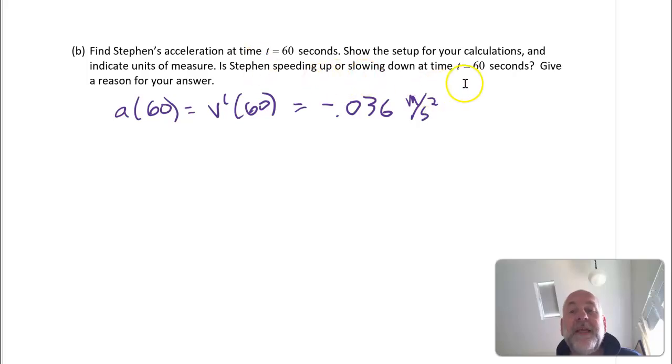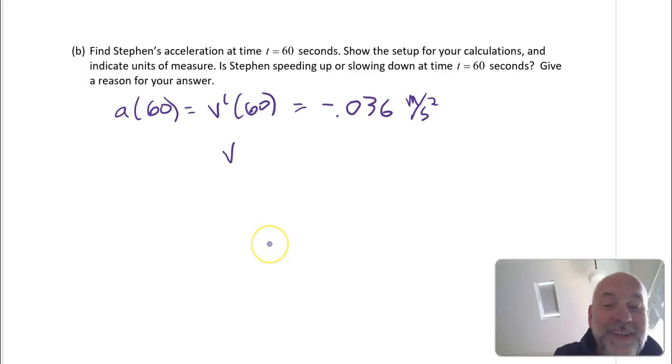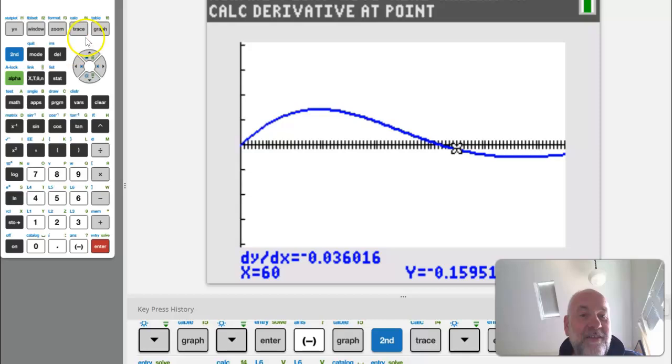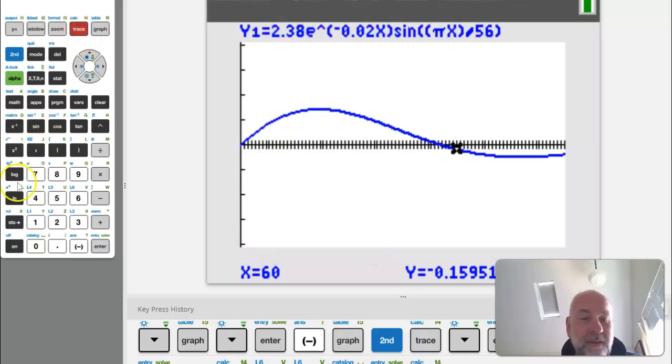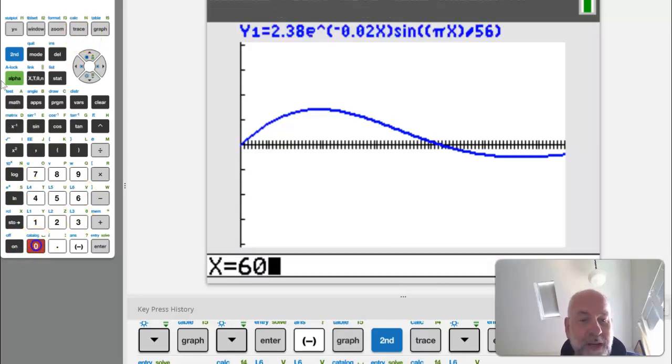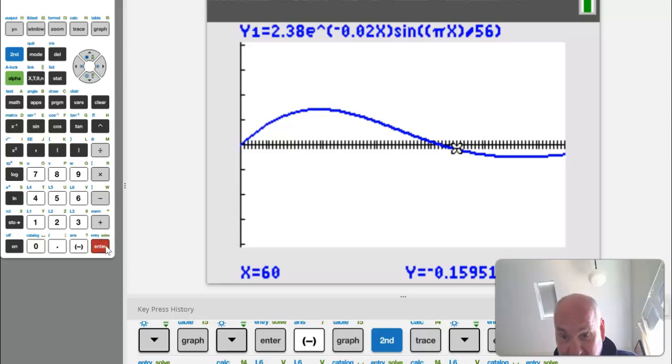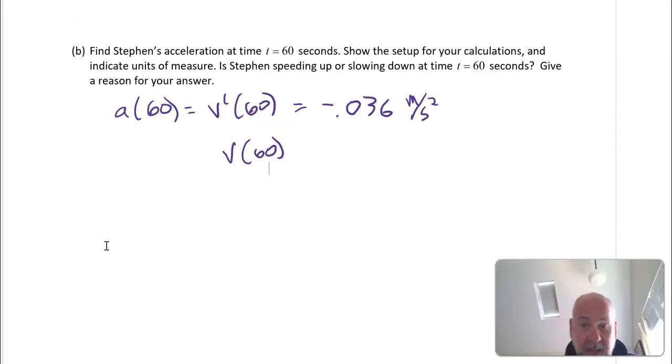Is Stephen speeding up or slowing down? This is not enough. We know he's moving in the negative direction, but we need to know what the acceleration is. That is the acceleration. We need to know what the velocity is. V of 60, and to find the velocity at 60, I'm just going to hit trace to put myself on the graph and see what the y value is. It actually showed it down there. It's negative 0.159.